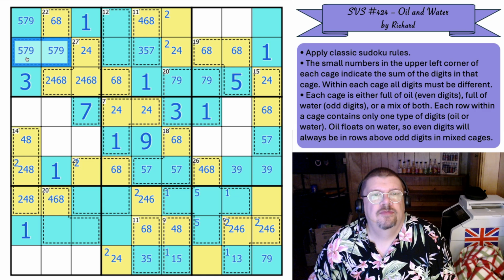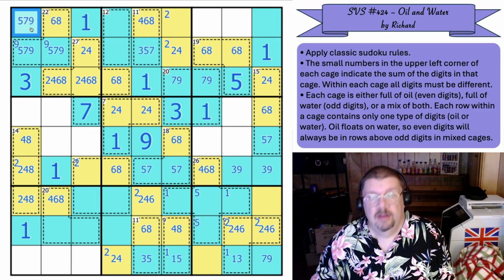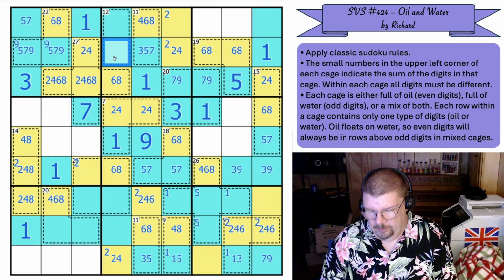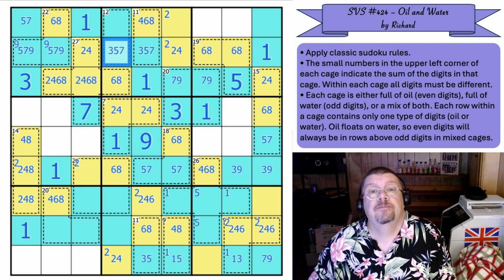If this were 5, 7, that would be 12, and I couldn't get to 22. So 9 is definitely in one of those, so that's not a 9. So that's from 3, 5, or 7.